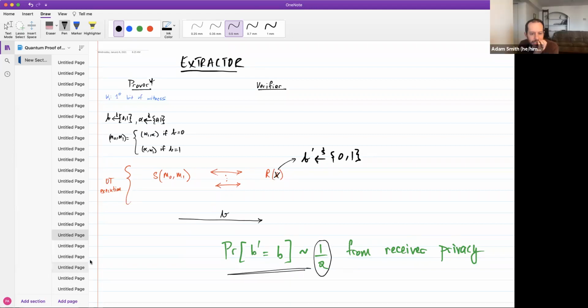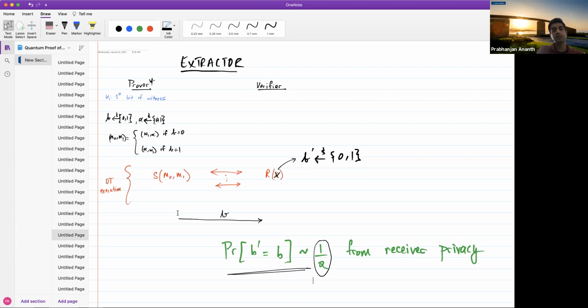Okay. Sorry, I'm a little confused. The receiver picks B prime, right? So why do you need receiver privacy? So you want to make sure that the amplitude associated with good should be negligibly close to some constant, right? And if you didn't have the statistical receiver privacy property, suppose the verifier actually gave the bit B prime in the clear.